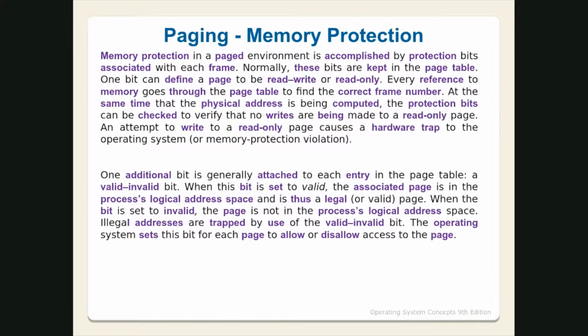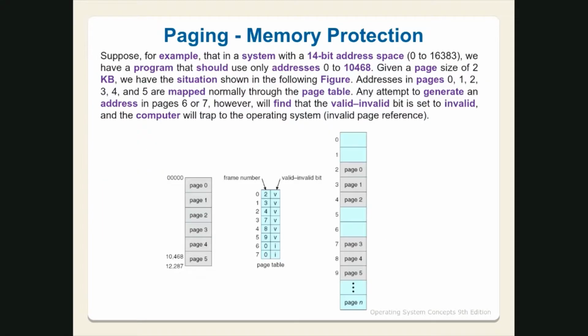Okay, where is it? Here I can explain when it is valid and when it is invalid. Let's see, this is your process logical address space. This is your physical address space.